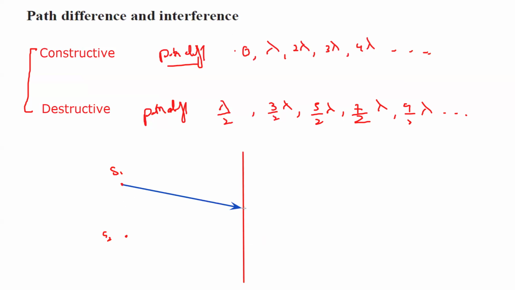The two waves from the source travel the same distance. So this is 1, 2, 3, 4 wavelengths.